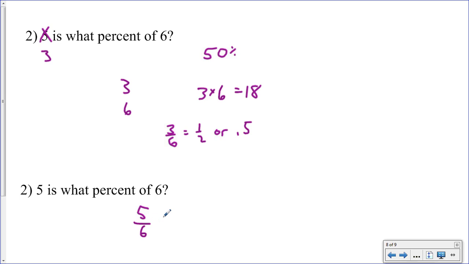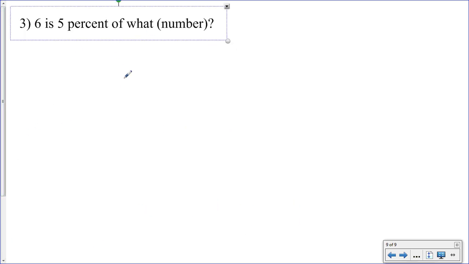And do a little long division if necessary, and you're going to end up with 0.83, and the 3 is repeated. So that's 83%, or 83.3 repeated, but it's approximately 83%.